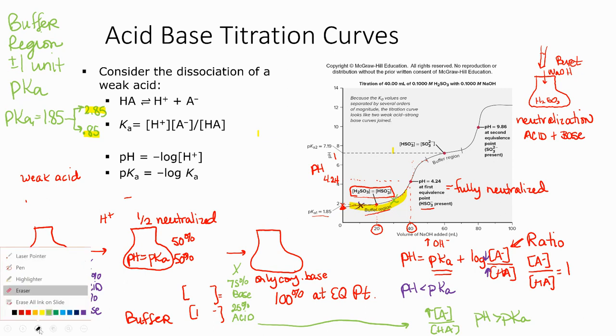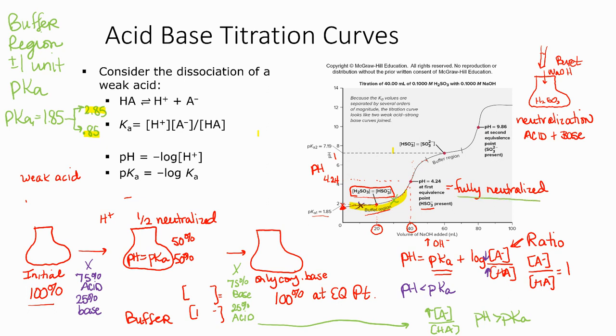Okay, so let's go back through now for the second part. Initially, we start at this fully neutralized point, but we're not done yet. We have HSO3 minus, and we're going to keep adding hydroxide.